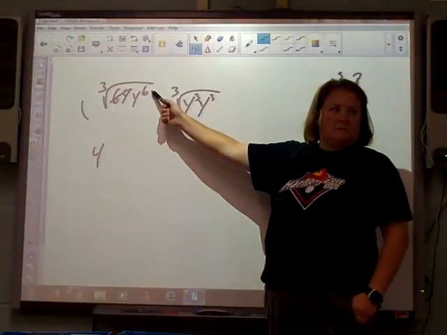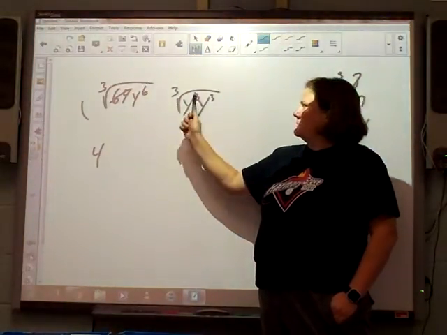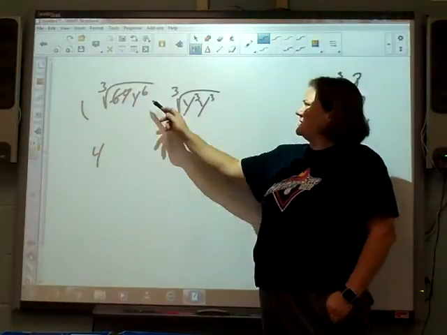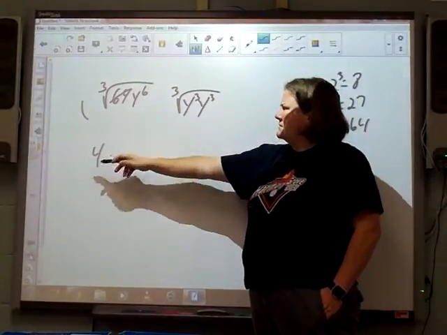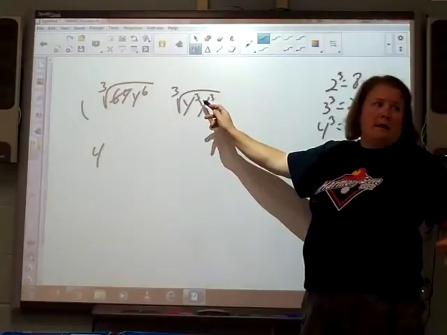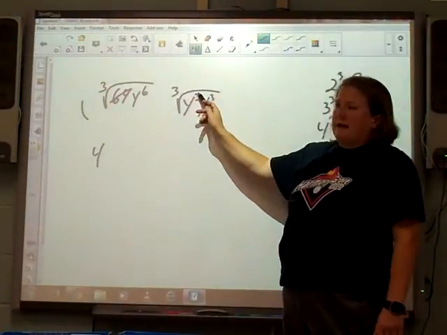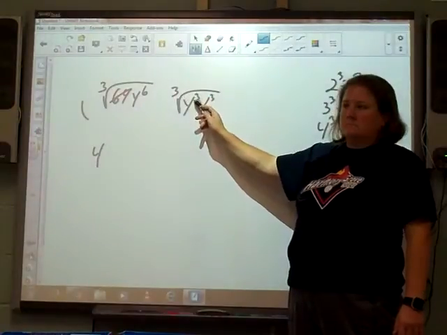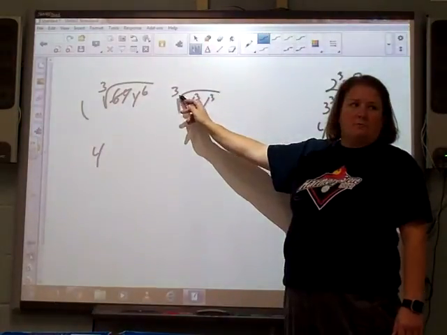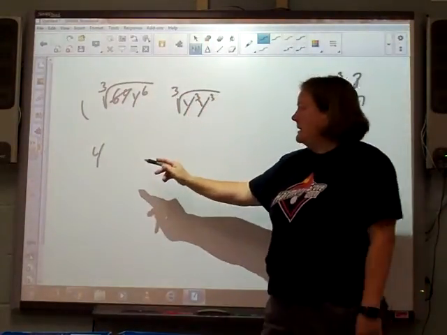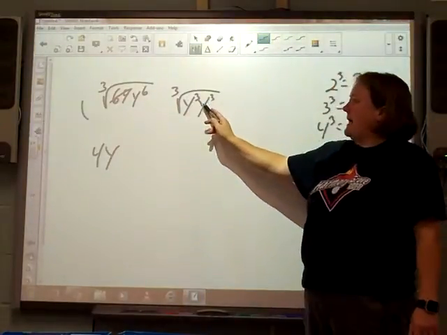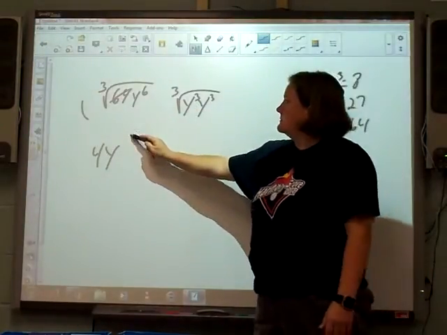So it's going to be 4 with the cube root of y cubed times y cubed. Now, what's the cube root of y cubed? y. How many of those do I have in there? 2.